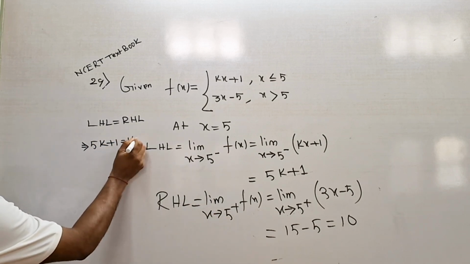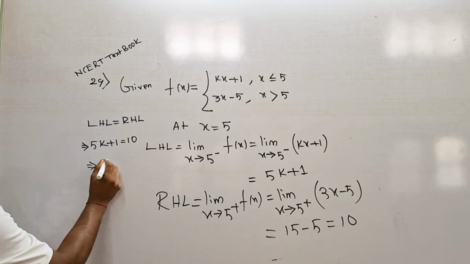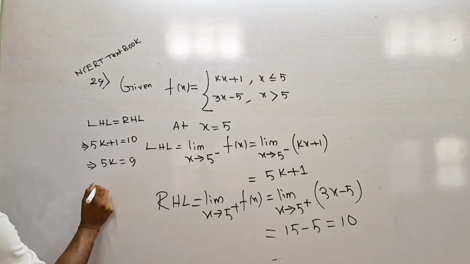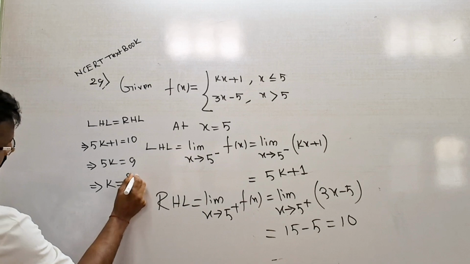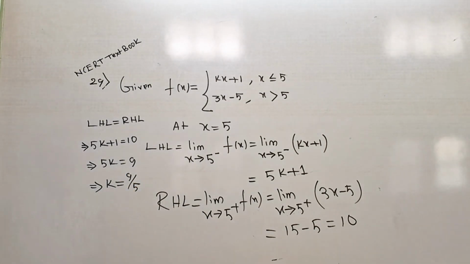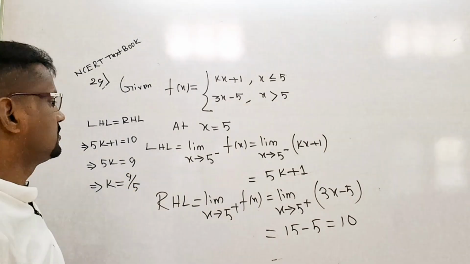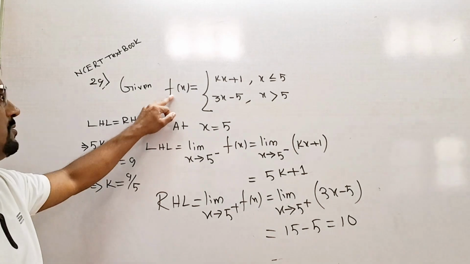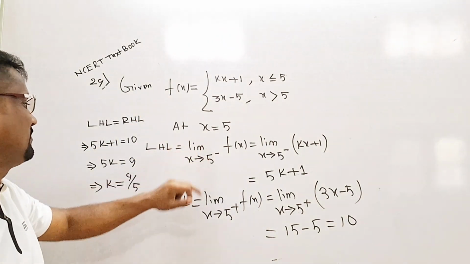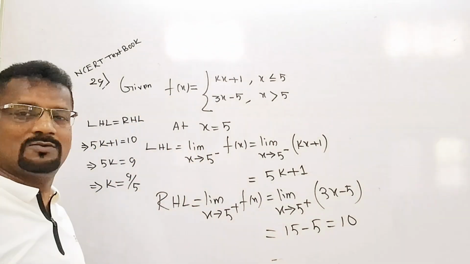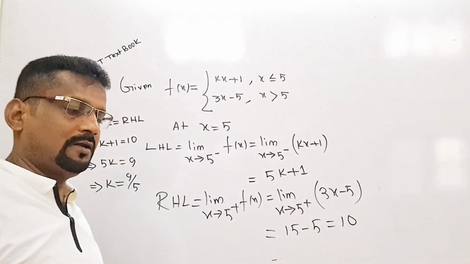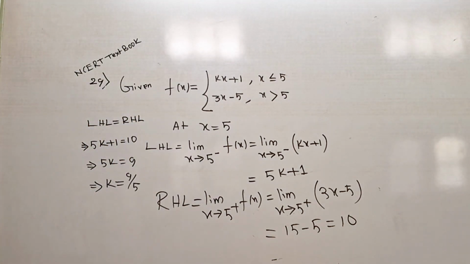This is your 10. From here 5k equal to 9, it will give you k equal to 9 by 5. So we solved. That means if the function is continuous at x equal to 5, then k must be equal to 9 by 5. Let us take the next question now.